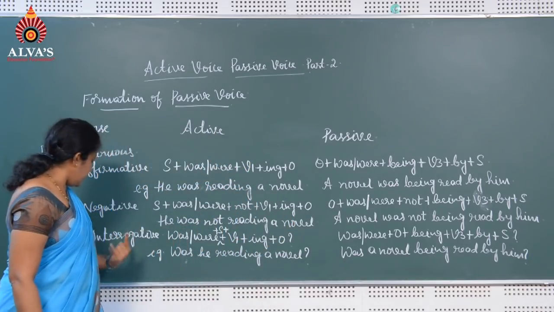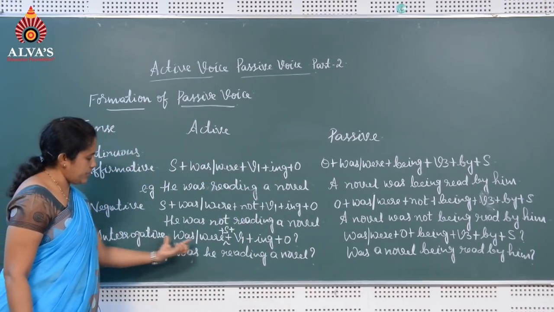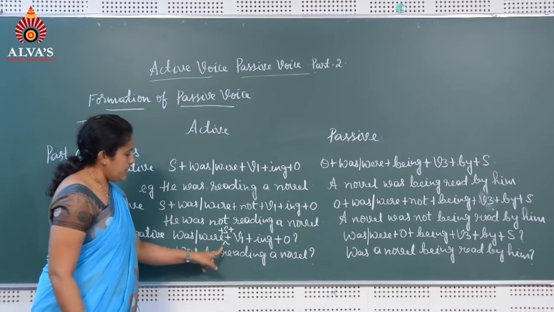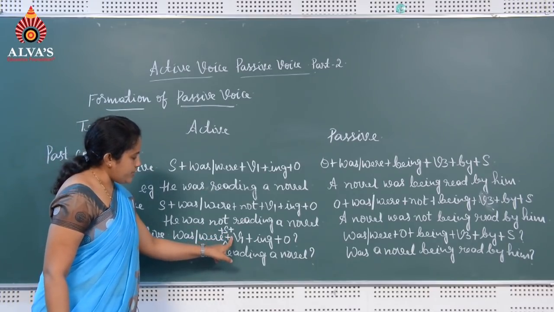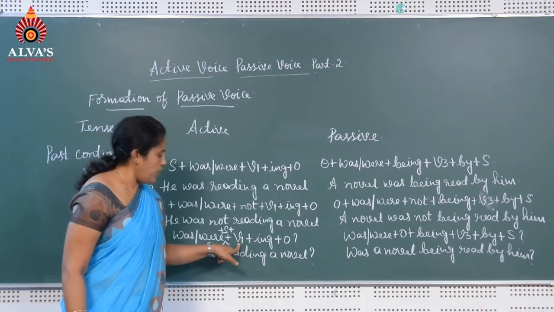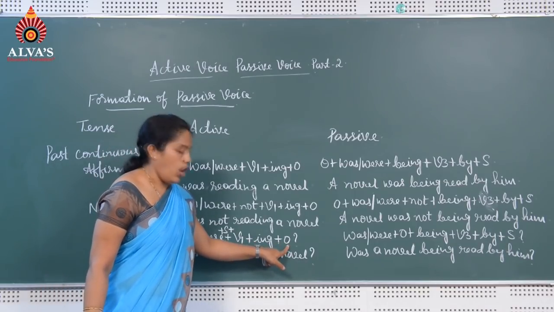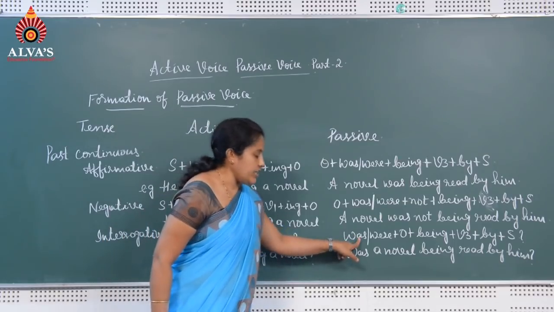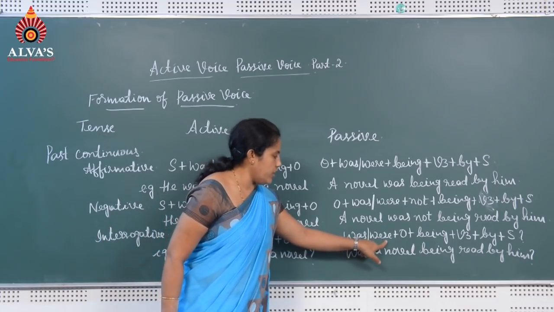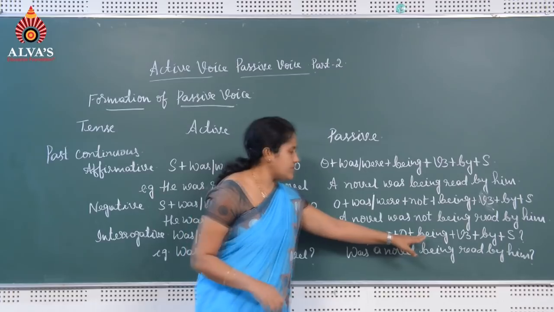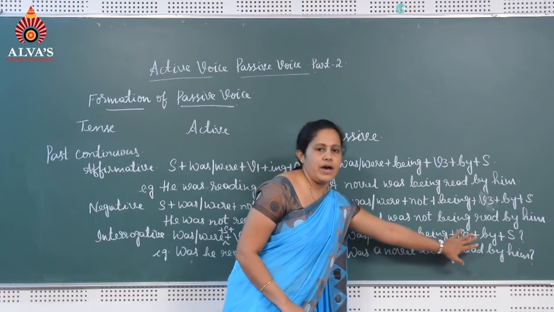Same thing for the interrogative sentence: was or were plus subject plus first form of the verb plus ing plus object. In passive voice: was, were plus object plus being plus V3 form plus by plus a subject.